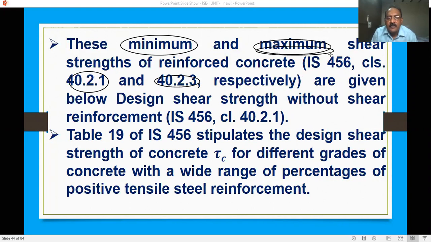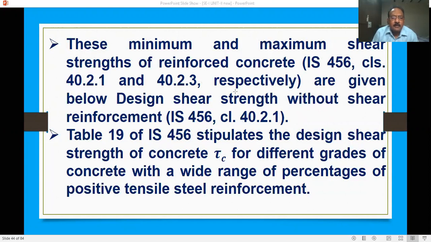This is the difference between these two. For the shear strength without reinforcement, we can calculate from the first one, that is for 3.2.1. Okay, and tau_c max we will get from the concrete with reinforcement. You will understand it better when we are doing the problems. So try to understand Tables 19 and 20 of IS 456.